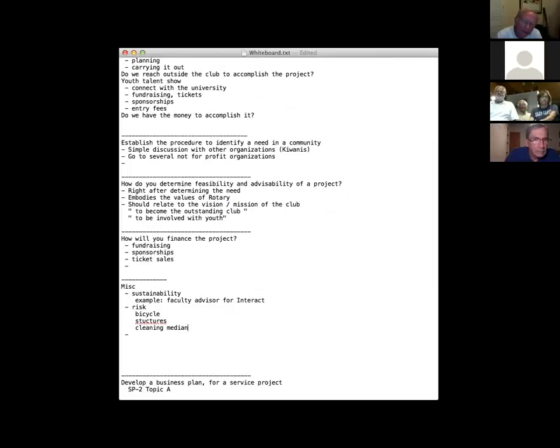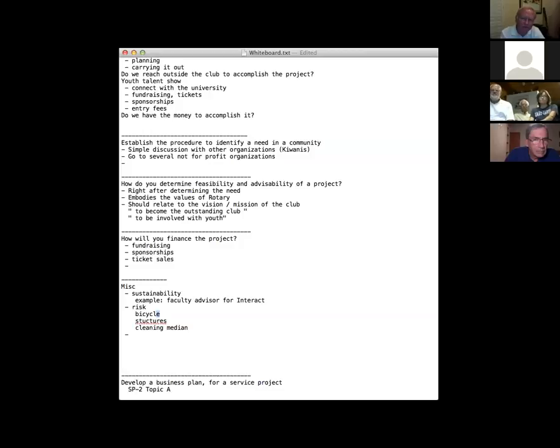So this topic of risk is actually potentially a very important one for all of us to think about. So we talked about risks. Here we talk about bicycle as bodily injury, same with structures, same with cleaning the median. Are there other risks involved in any of these projects?